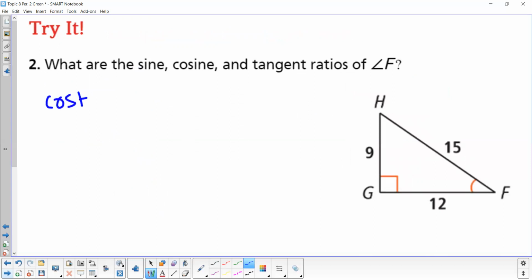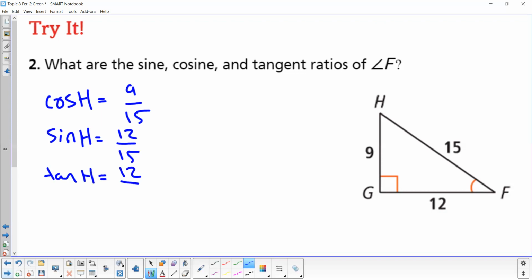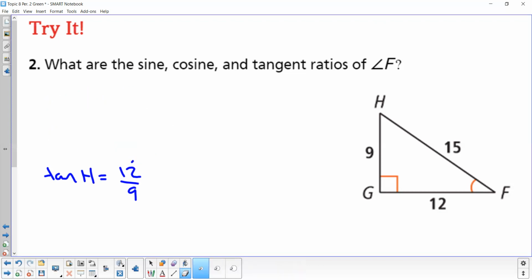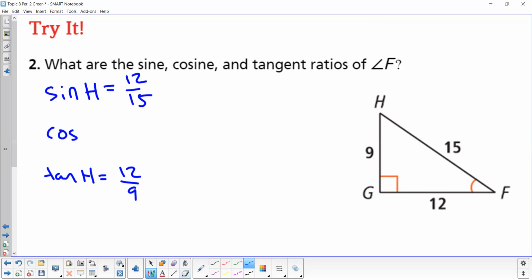I'm just going to rewrite those, because now we're going to do those same functions, but not for angle H, for angle F. So sine, cosine, and tangent, but where F is.